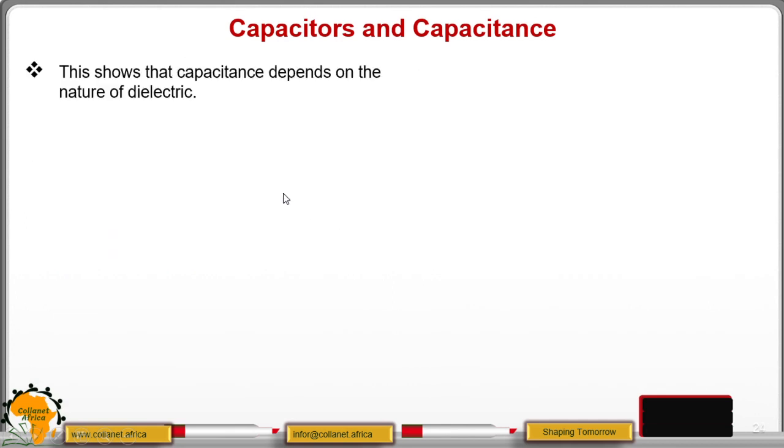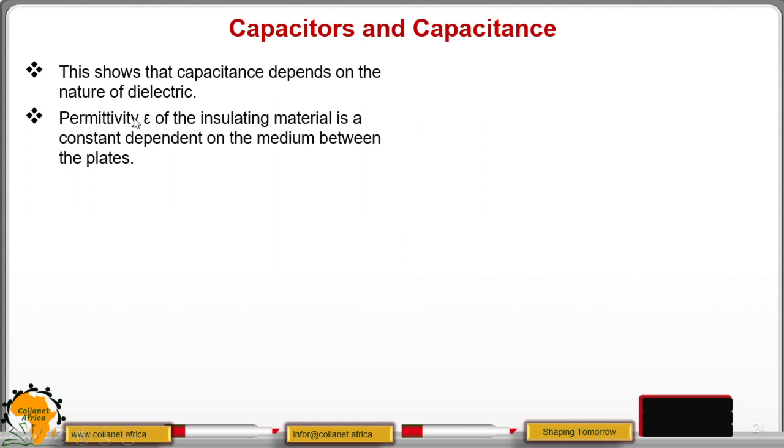Then from all that experiment, we can say that we have a factor that we call permittivity that is dependent on the medium that is being used as a dielectric. We have seen that capacitance depends on the nature of a dielectric. You introduce a glass plate, this constant will change. You use a paper, this constant will change.